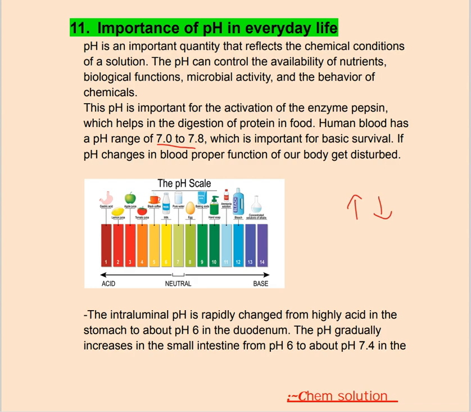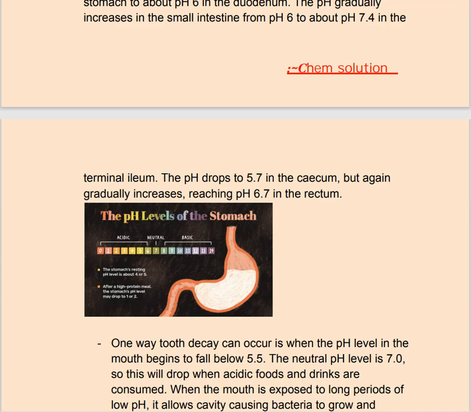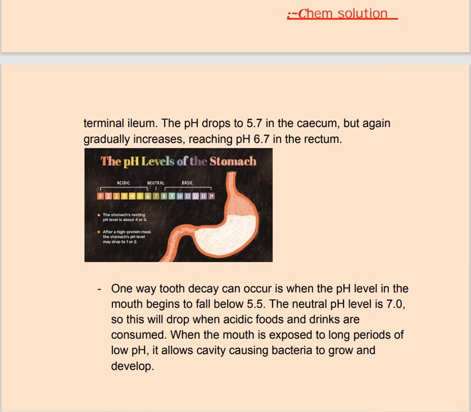For proper blood function, the pH should be 7 to 7.8. Clear? In tooth decay, when we eat some acidic food or drinks, the pH falls below 5.5. So bacteria can grow and can develop cavities also.